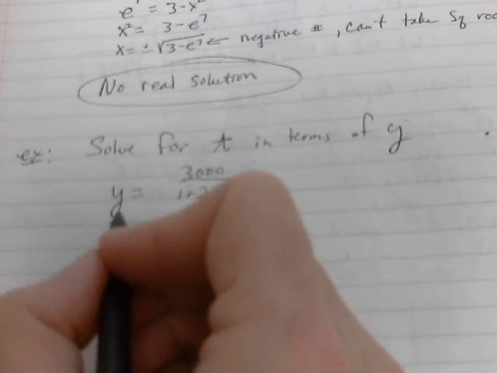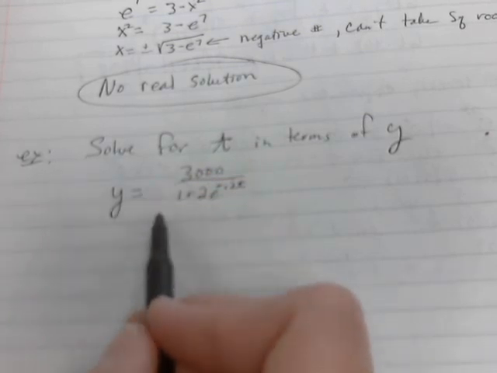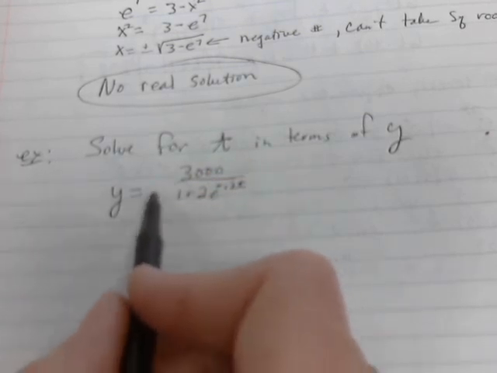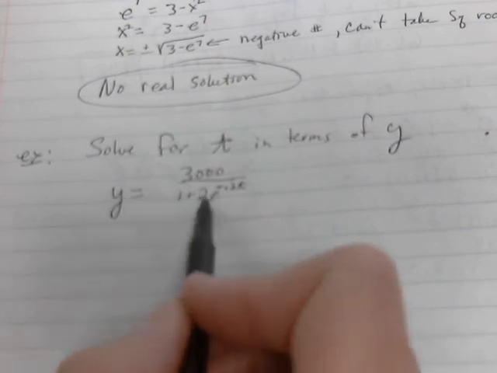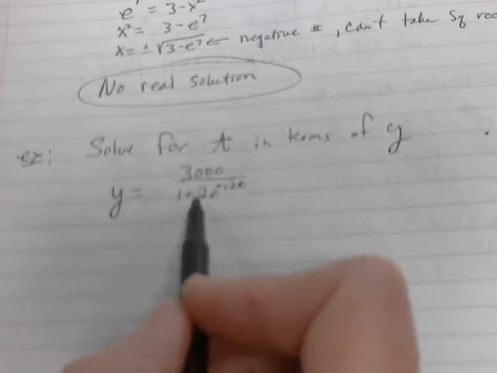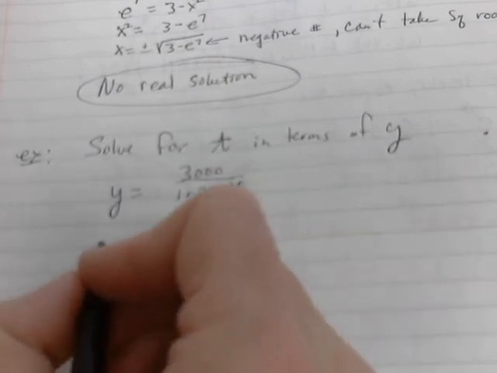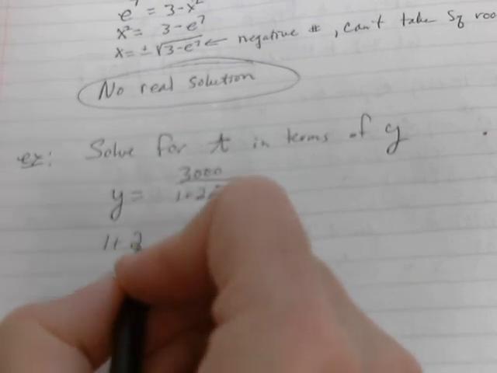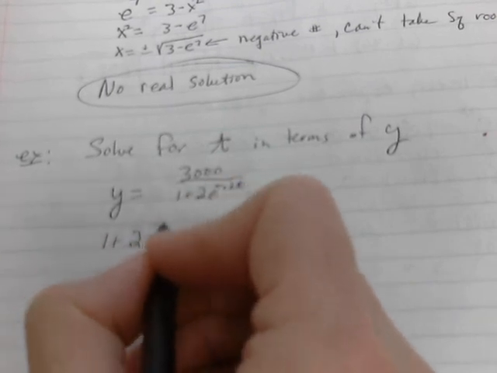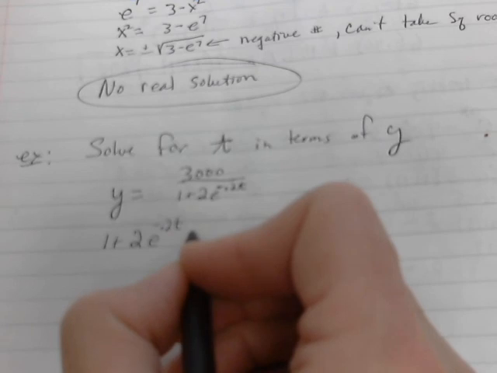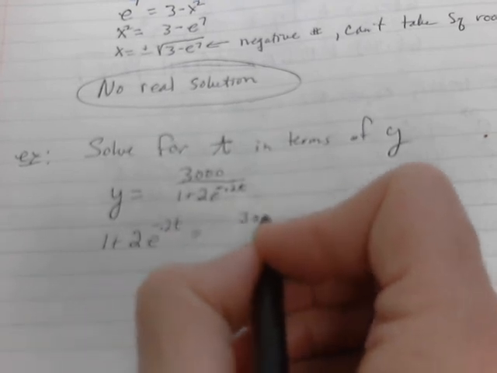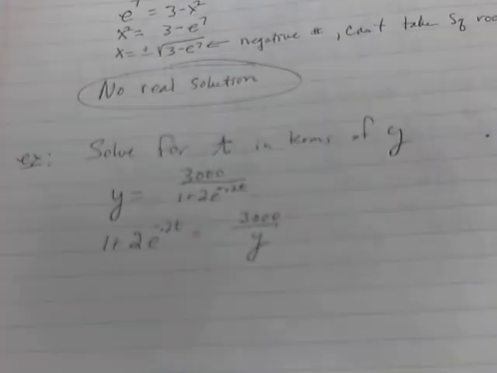I can put a 1 underneath the y and cross multiply. Or I can also just swap positions of the y and this denominator. So this actually becomes 1 plus 2 e to the negative 0.2t is equal to 3,000 over y.